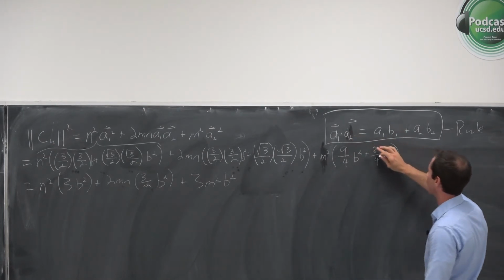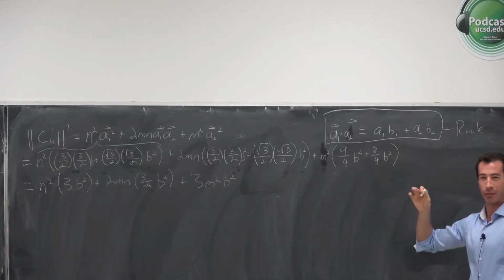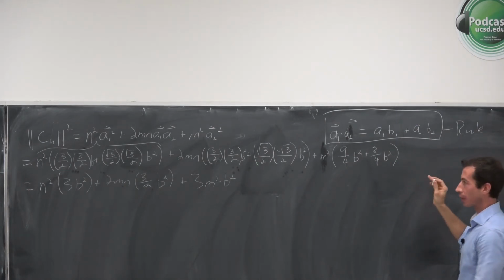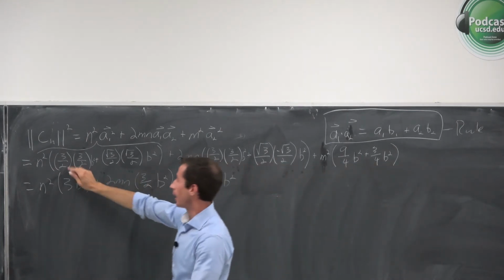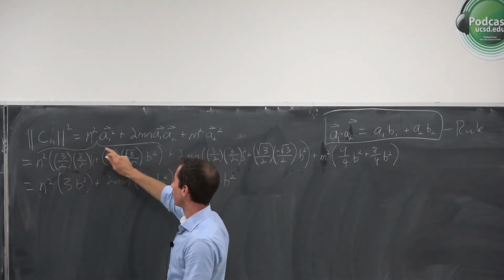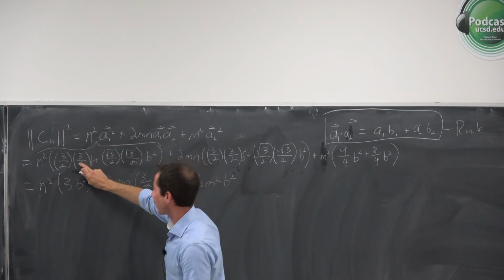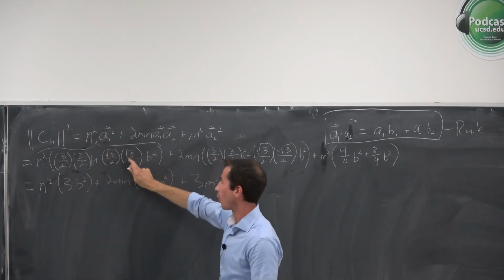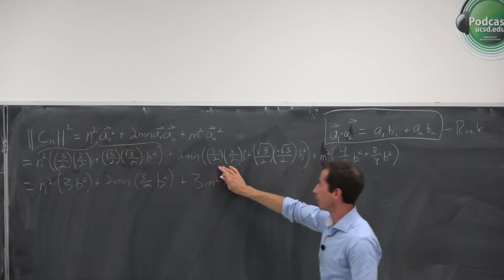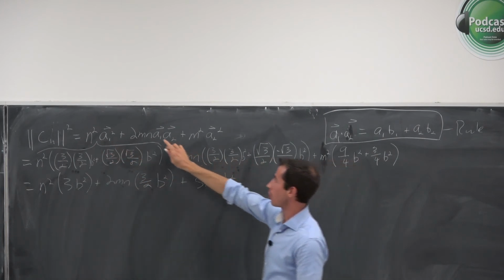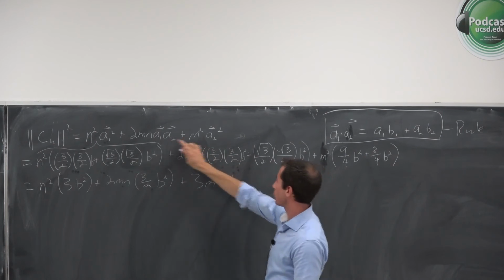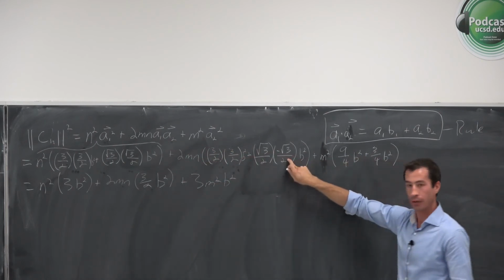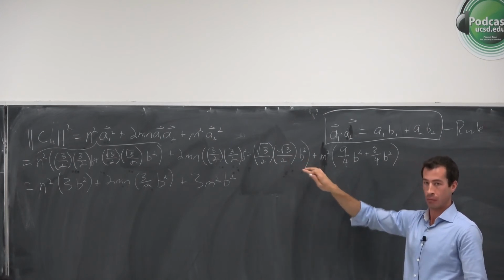I just wrote B to keep it simpler. So what we're doing here is multiplying the x component of A1 times the x component of A1, the y component of A1, y component of A1. Here, it's the x component of A1, the x component of A2, times the y component of A1, the y component of A2.